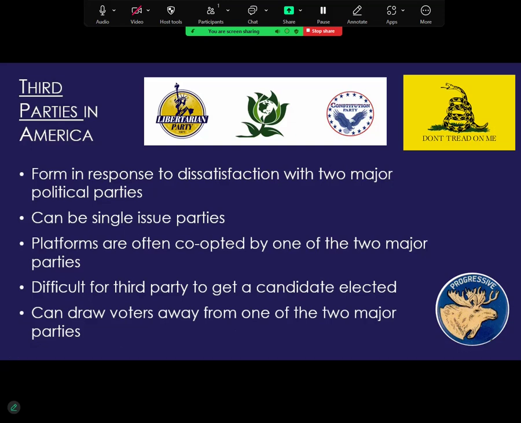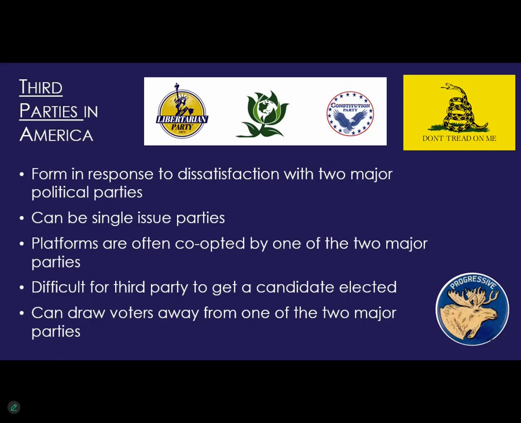Their candidate may draw voters away from the dominant party that is most aligned with their third party position. The result then is too few voters for either the third party candidate or the most aligned dominant party candidate. And then the election victory will go to the dominant party who actually opposes their issue.